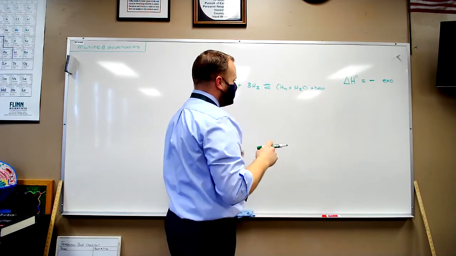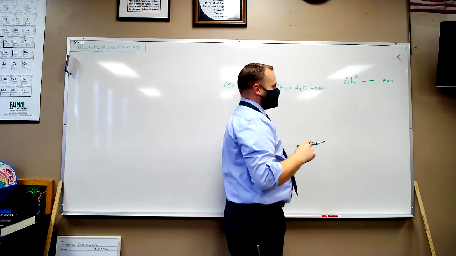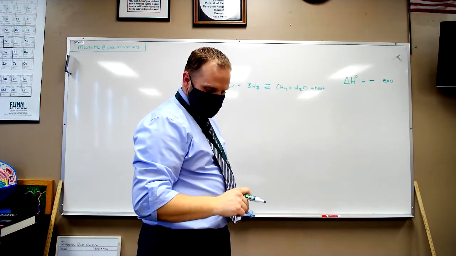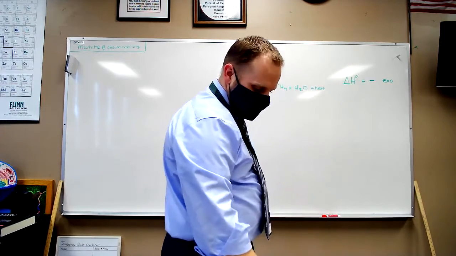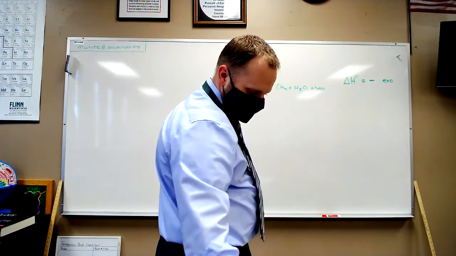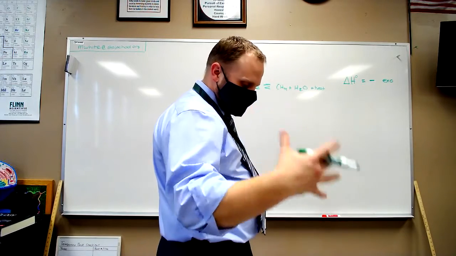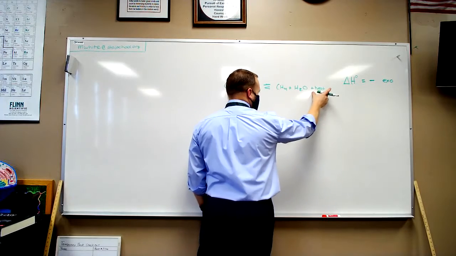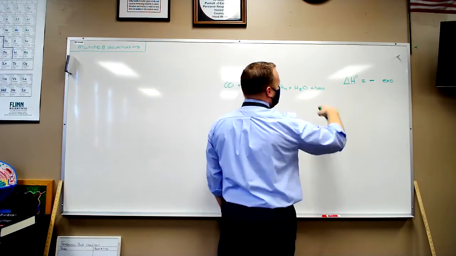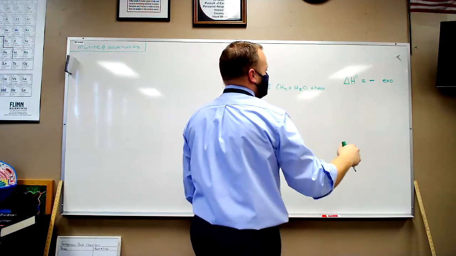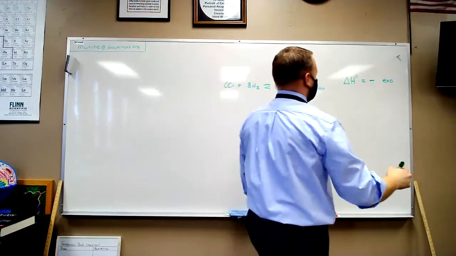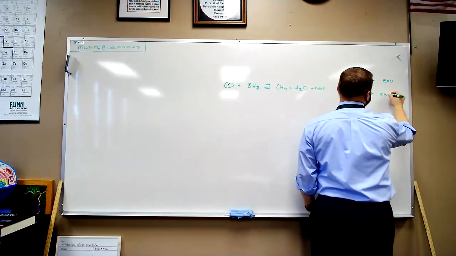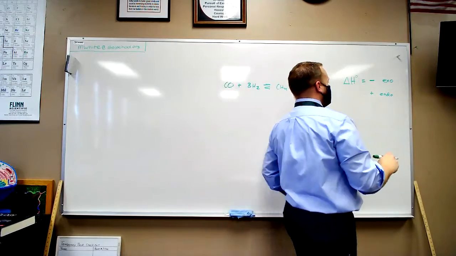If we remove a product, it will shift towards the product. That's the easiest way to think of it: heat is either a product because it's exothermic, or if it's endothermic, so delta H naught is going to be positive, endothermic.